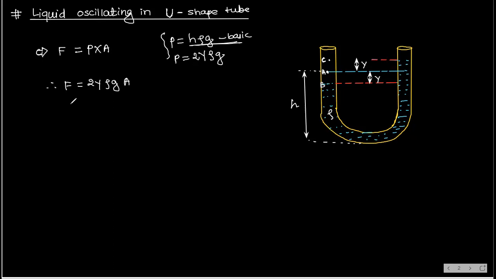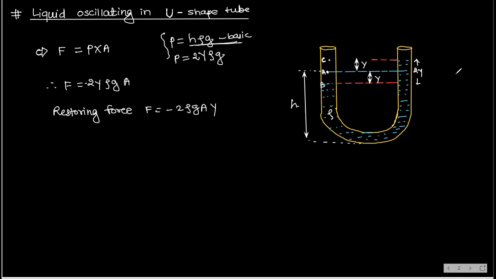And as it is a restoring force, F is equal to minus 2 rho g A into y. Why are you getting this 2y? Because here you see this complete is 2y, the displacement.